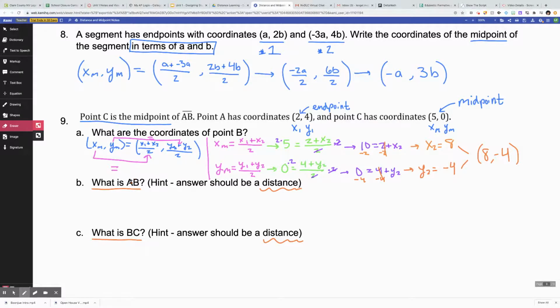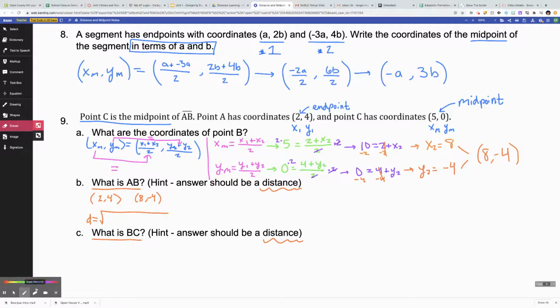So we have AB, okay? So we're going to use point A and point B here in the distance formula. So remember, my 2 points are A is 2 comma 4, and B is 8 comma negative 4. All right, so let's plug those into the distance formula.